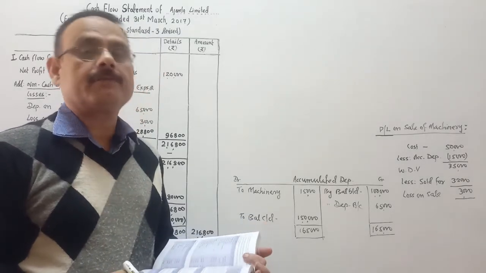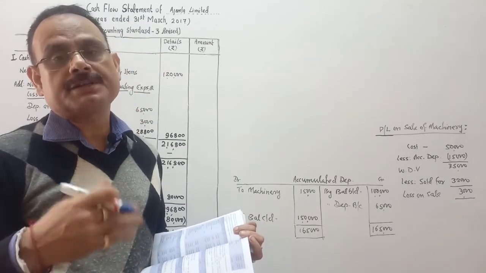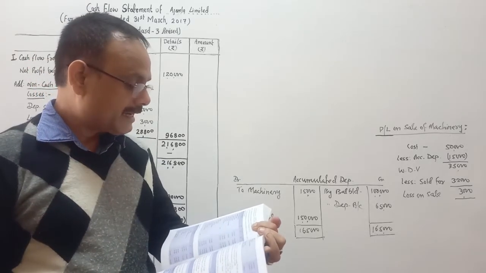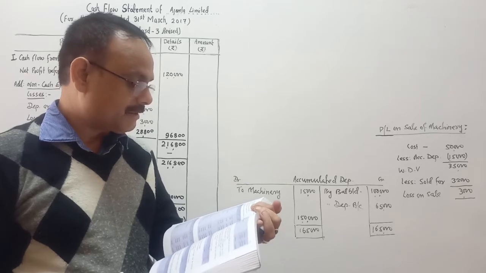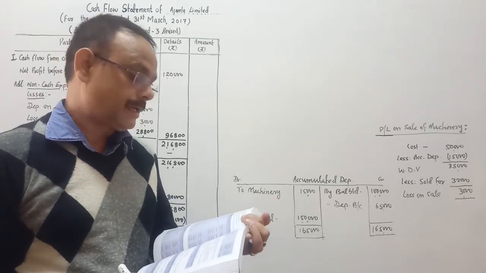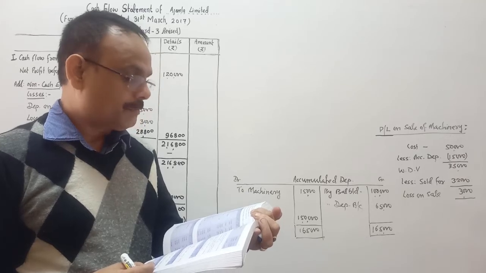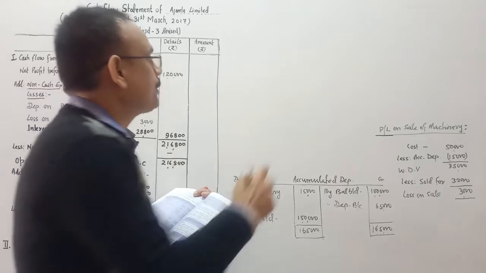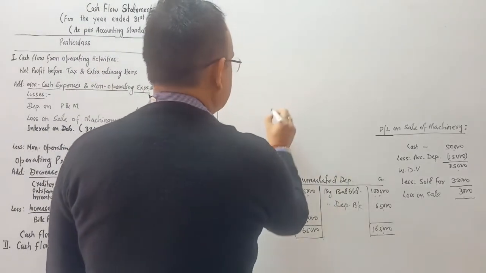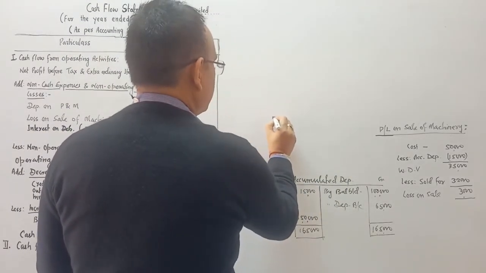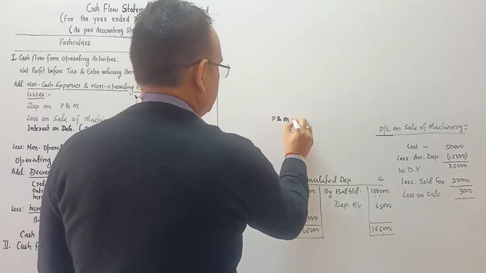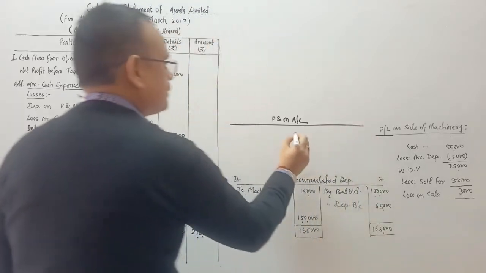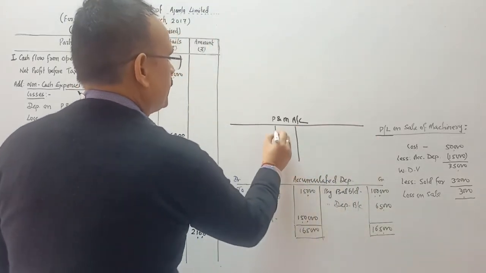When we want to see the investing activity, we have to see the asset side. So come to the asset side, fixed assets is given, tangible assets, working note number 4. In note number 4, there is plant and machinery. So you prepare a ledger of plant and machinery account in the working note.